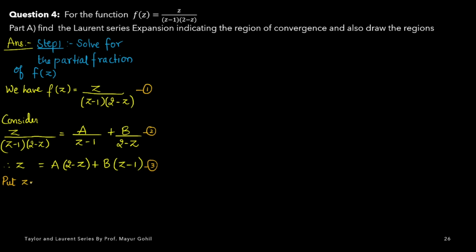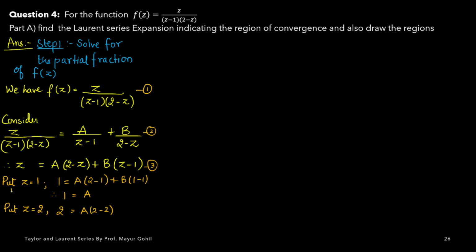Put z equal to 1. The moment I put z equals 1, 1 is equal to a times (2 minus 1) plus b times (1 minus 1), which is 0. Therefore 1 is equal to a. Now put z equals 2.